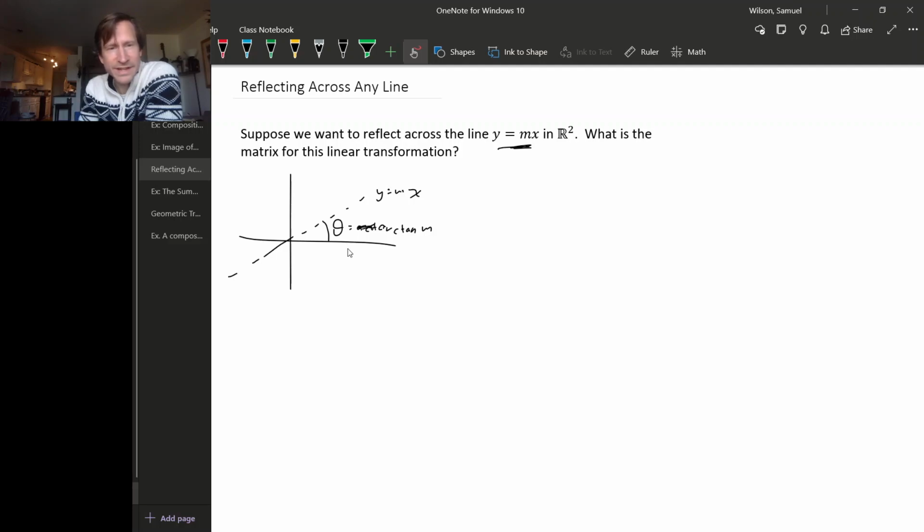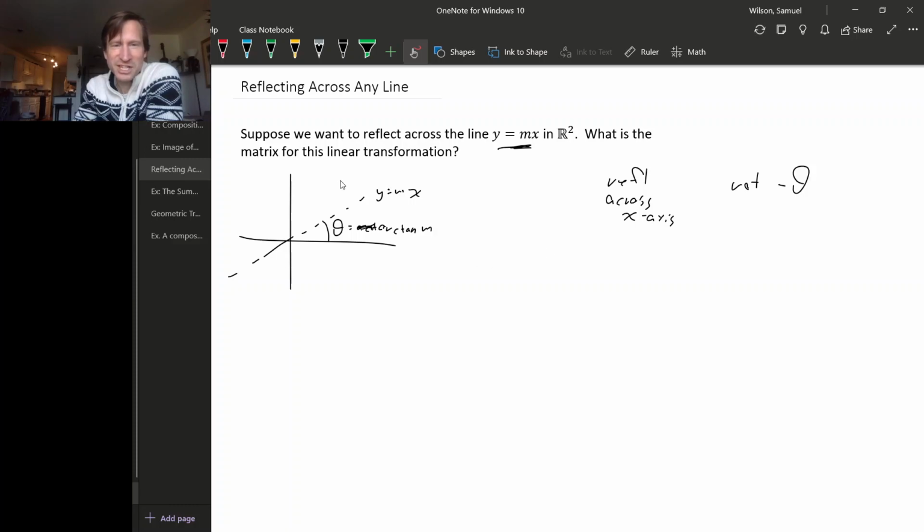We know how to do a reflection if the line is one of the coordinate axes. So we could start out by rotating by minus theta so that the line we want to reflect across is lying along the x-axis. Then we reflect across the x-axis.